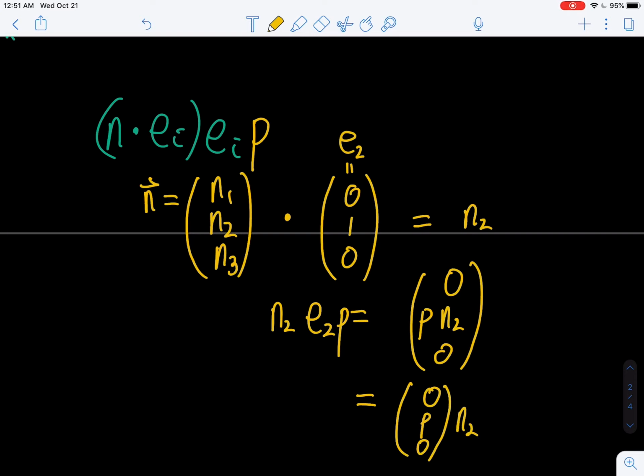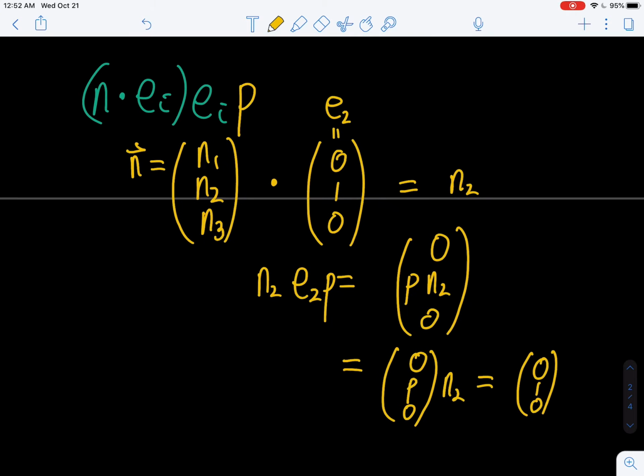It can come outside, right? And now 0, p, 0 is going to be, maybe I can write it like this, 0, 1, 0 times n2 p, right? Because again, p is a scalar.